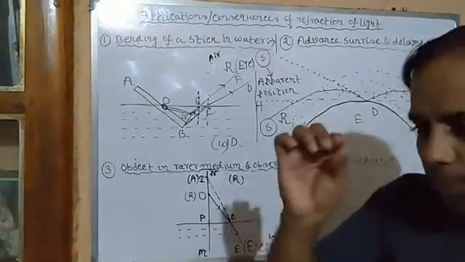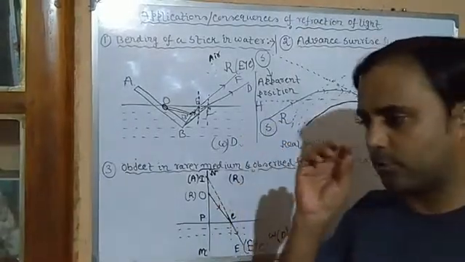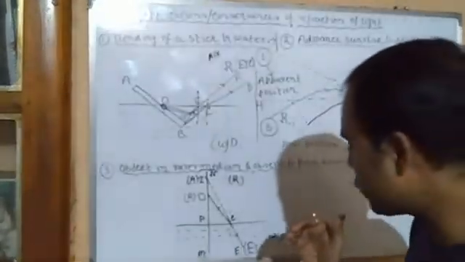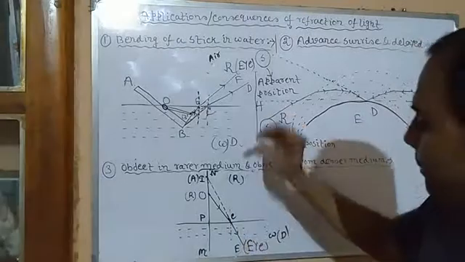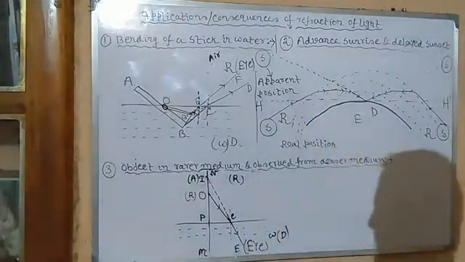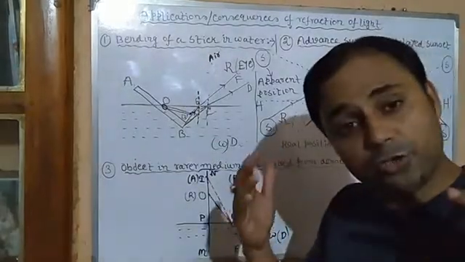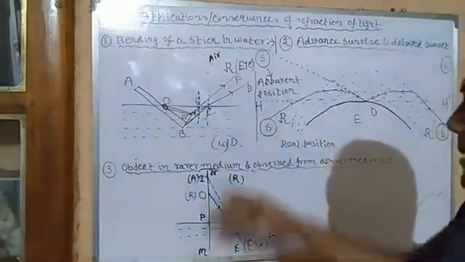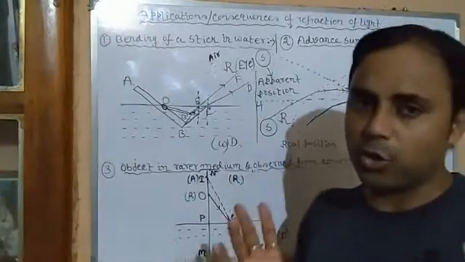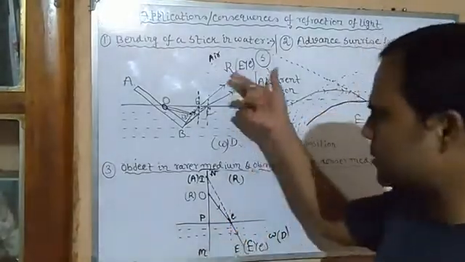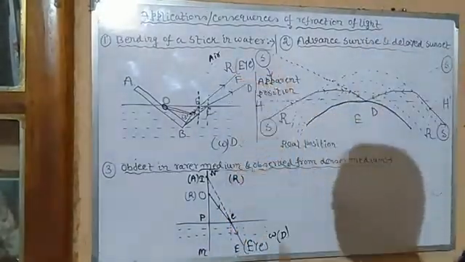So in case of any small object like a coin, or any point-like small object, it appears to be moved up. It means its depth, instead of becoming less, would appear more. But in case of any straight object like a straight rod, instead of becoming shortened, it will appear taller. Just the opposite thing.